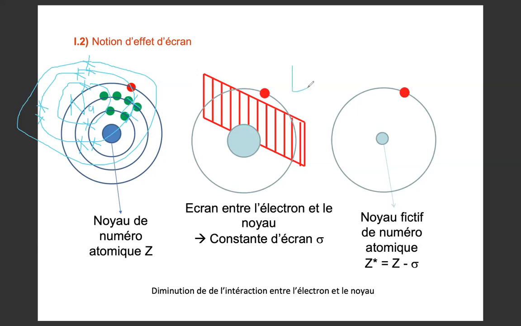The energy is equal to negative 13.6, which is the energy of an atom of hydrogen in the first energy state, over n squared, times Z effective squared.